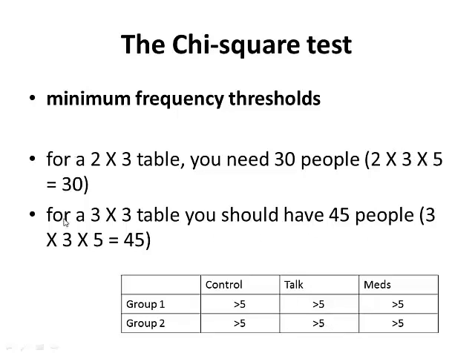We need at least 30 people to meet the minimum frequency thresholds. So you can calculate that depending on the number of variables you're looking at. For example, if you have a 3 by 3 table, you would know you need 3 times 3 is 9, times 5 is 45. You would need to have at least 45 people in your sample.